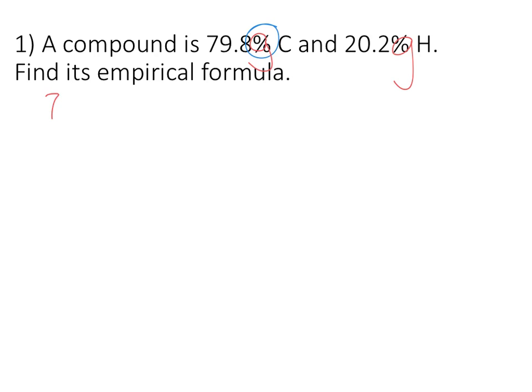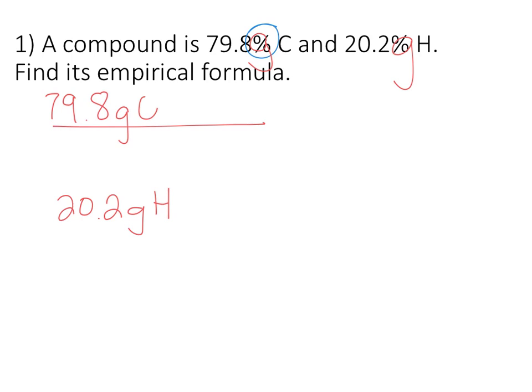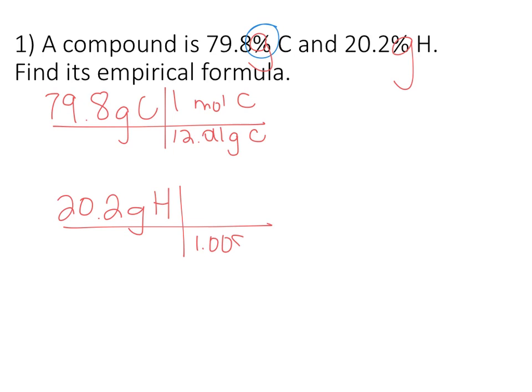So I'm going to start with 79.8 grams of carbon and 20.2 grams of hydrogen, and I'm going to convert to moles. There are 12.011 grams of carbon in a mole and 1.008 grams of hydrogen in a mole.